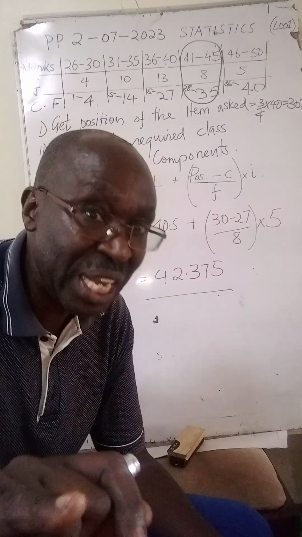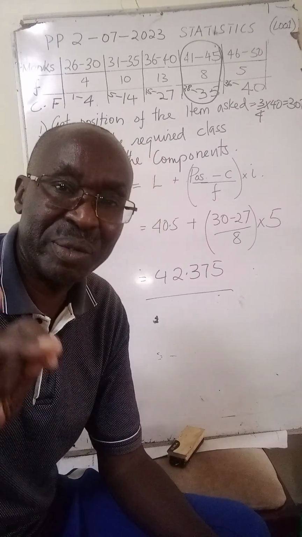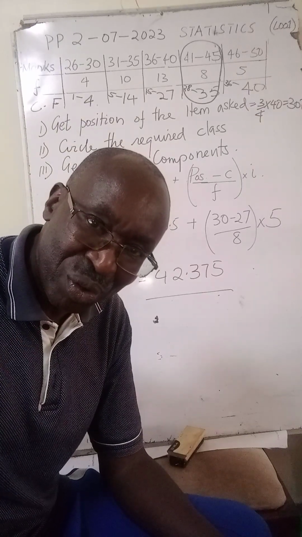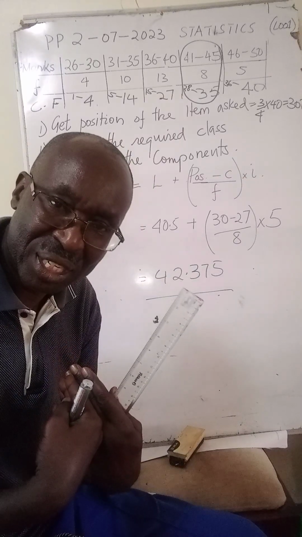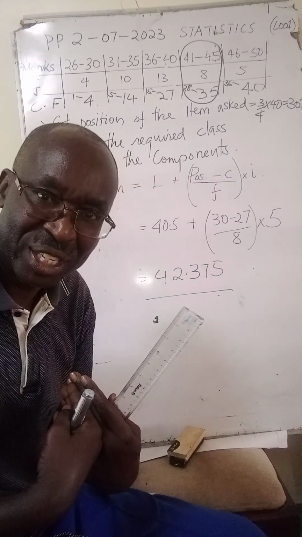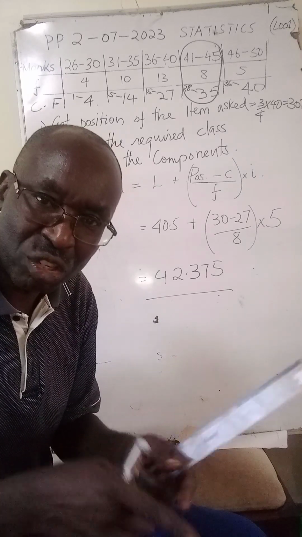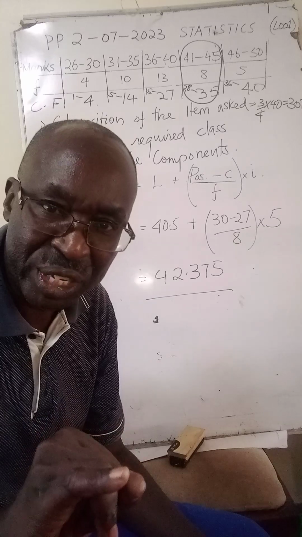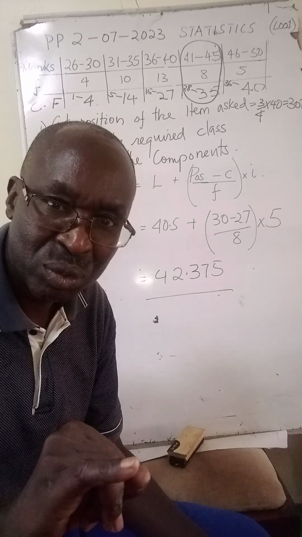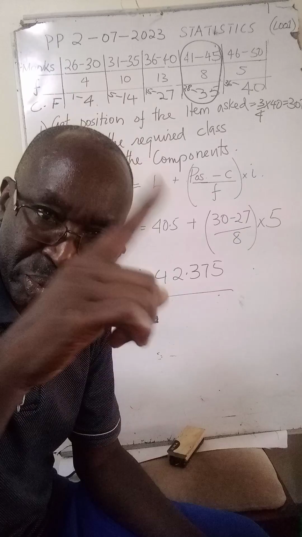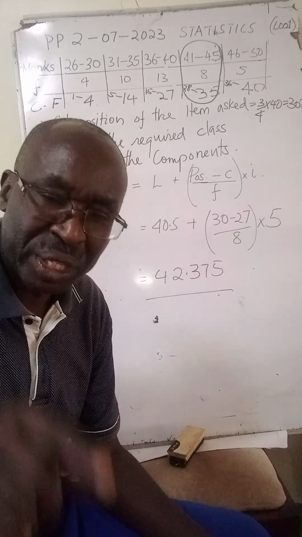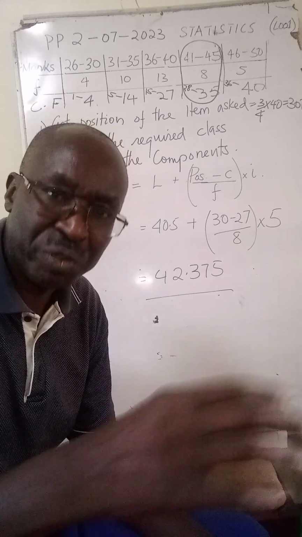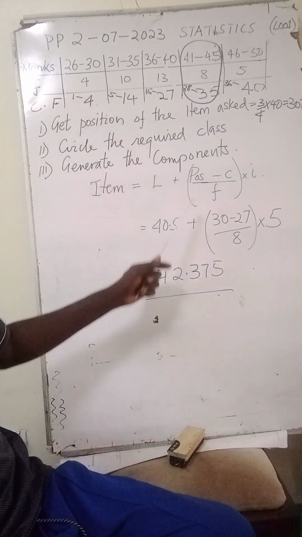Remember, it can be percentile, median, or quartile, so you have to circle so that you are able to read the previous cumulative frequency. You circle it so that it generates the lower limit and the frequency to be used, which must be within that circle. Then C is the previous cumulative frequency just before that circled class, which I have shown here.